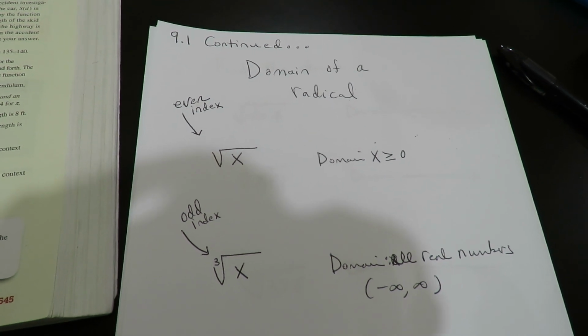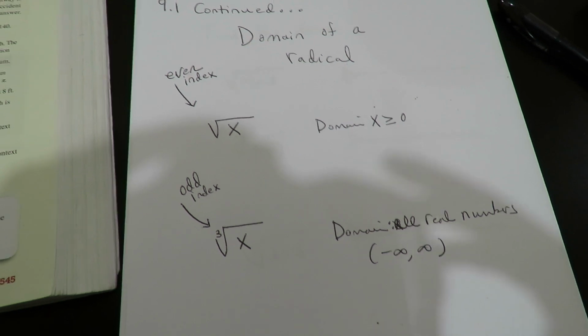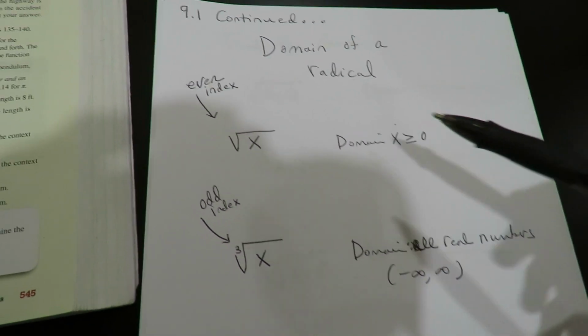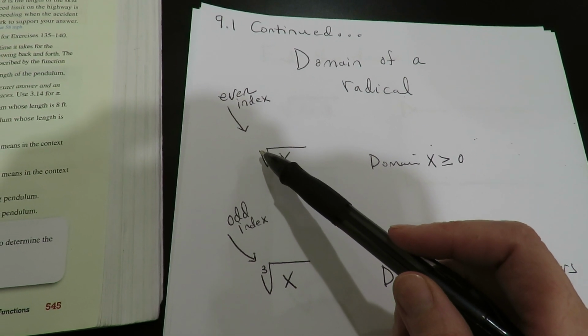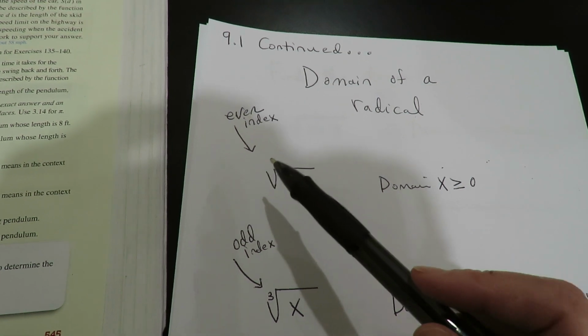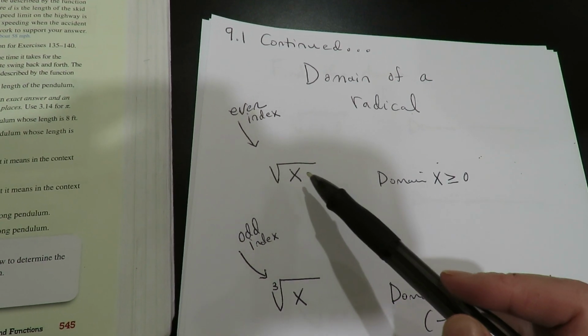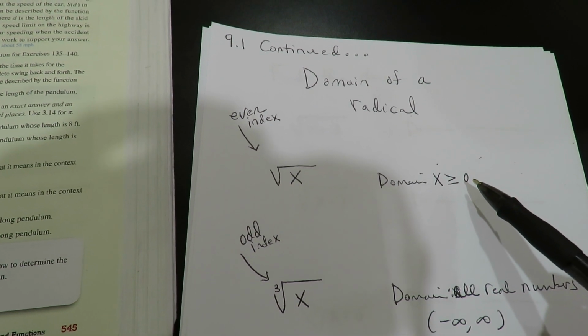I'm just going to finish the end part of it, which is the domain of a radical. I was talking to you earlier about if the index is even, like a 2 or a 4, like a square root or a fourth root, that means that what's underneath the radicand has to be positive.